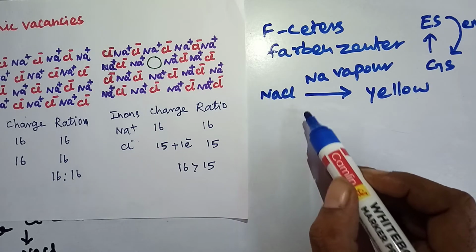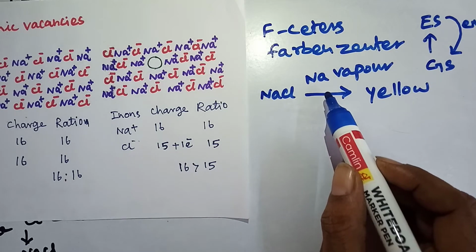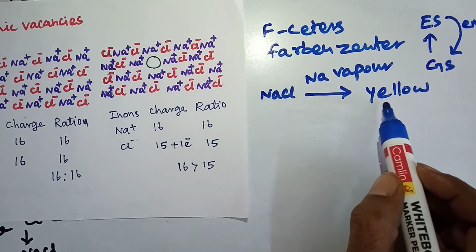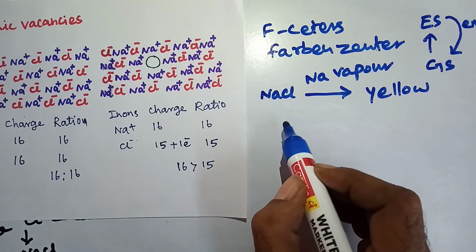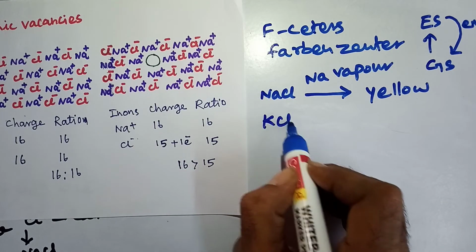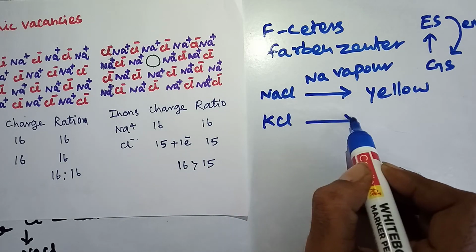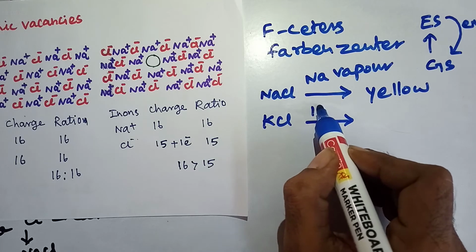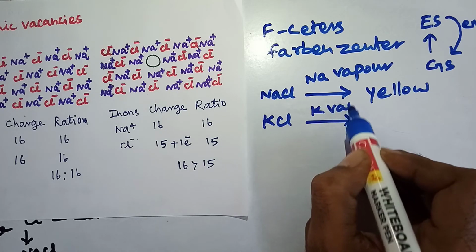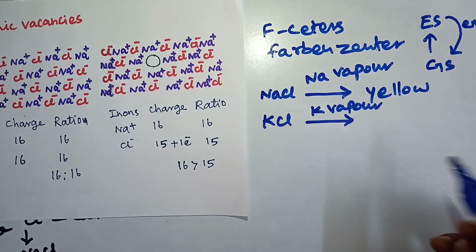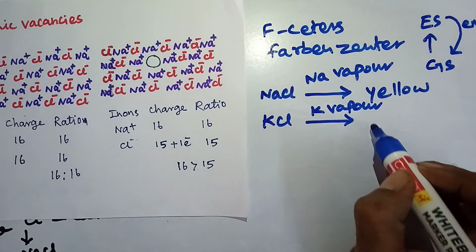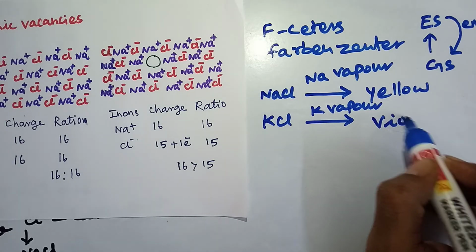Like potassium chloride, it is a light red color. When we heat this potassium chloride in a potassium vapor atmosphere, it gives violet color.